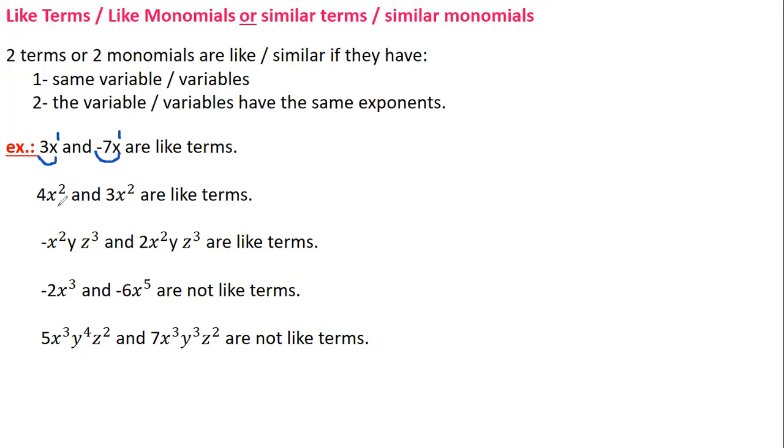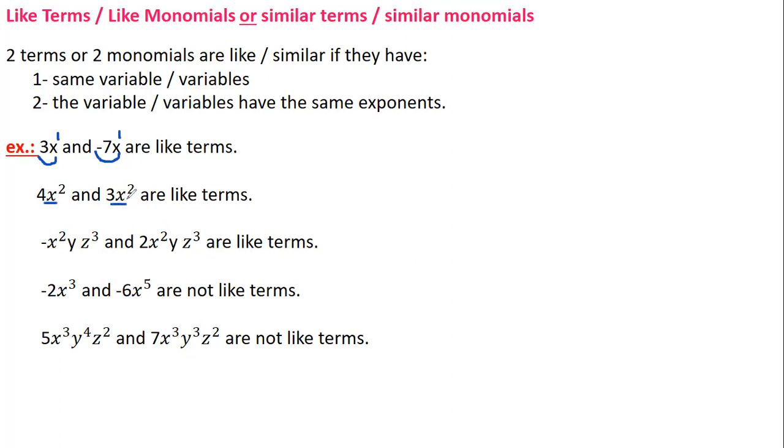Let us talk about the second one. I said the first monomial is 4x squared. The second monomial is 3x squared. I want to see if they are like or similar. I don't care about their signs, nor do I care about their coefficients. I look at the variable in the first one, it's x. The variable in the second one is x.